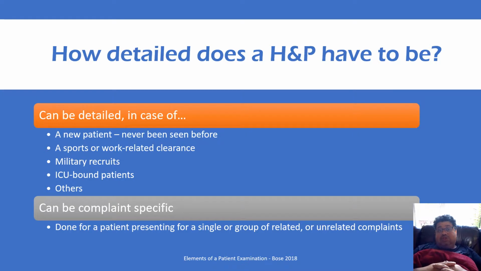In those patients, it is okay to perform a cursory physical examination of non-related organ systems, but the one organ system that is most likely responsible for the symptom or the sign is the one that must be examined in great detail.